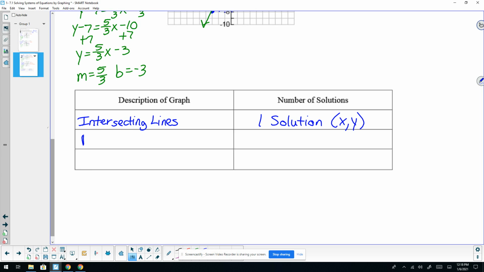If I have parallel lines, I would have no solutions because it will never intersect, never touch, never cross, never get closer together. And if it's the same line, two equations that give you the same line, so it looks like it's one line, it would be infinite solutions.